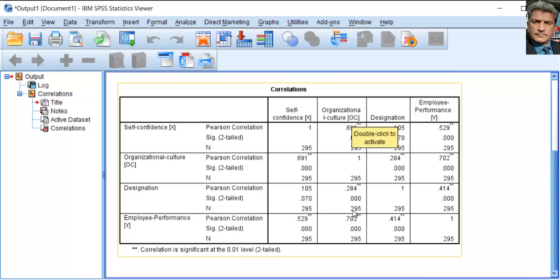So our hypothesis, whether or not the predictors are significantly associated with the employee performance, is accepted and substantiated, and we can proceed with our analysis beyond the correlations to the regression analysis.